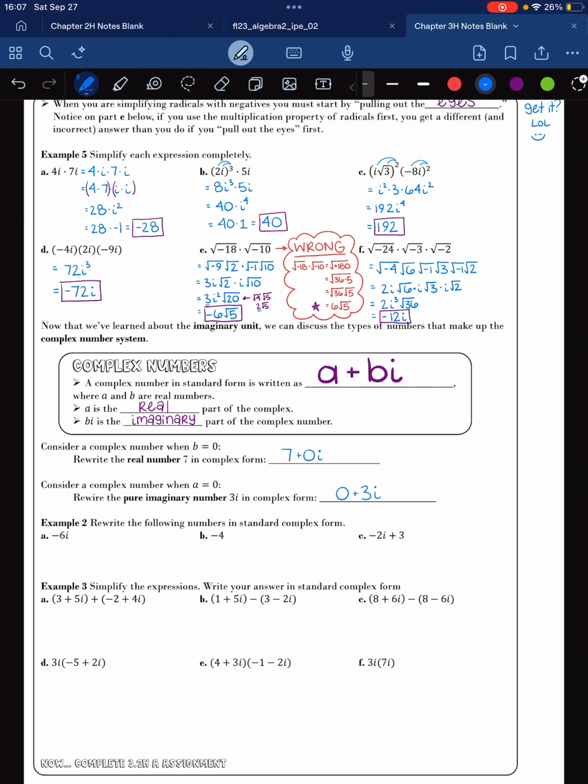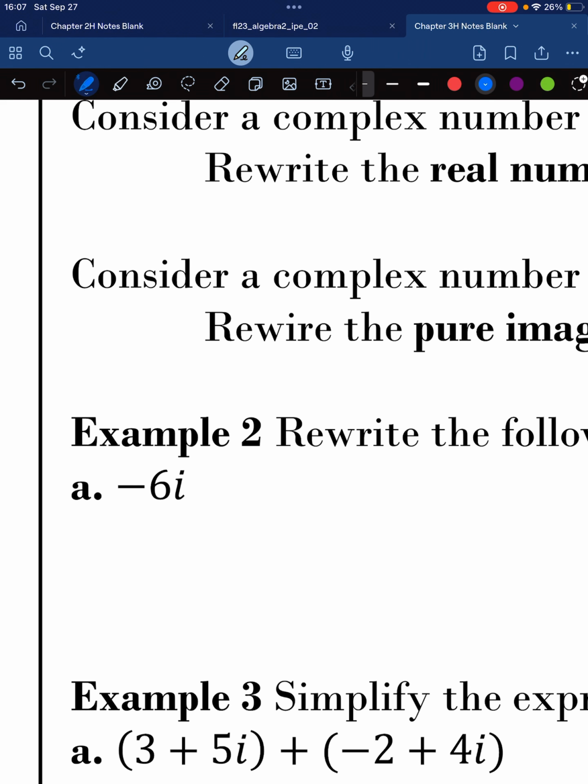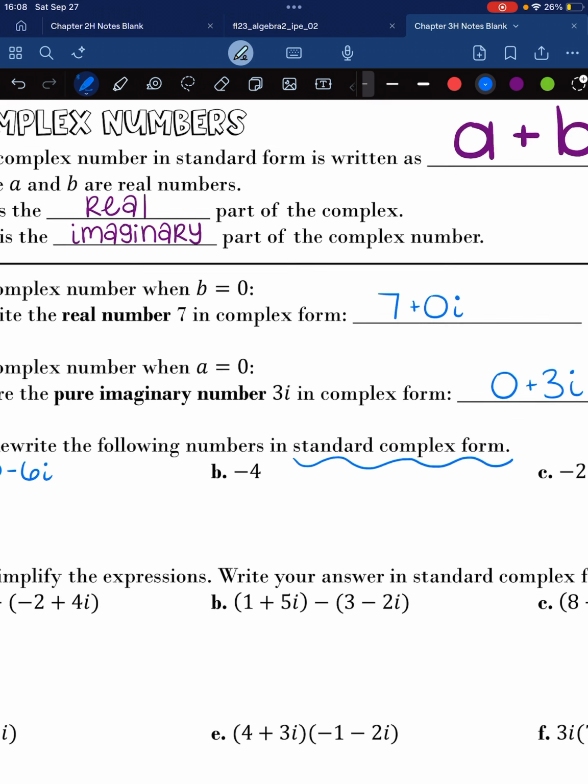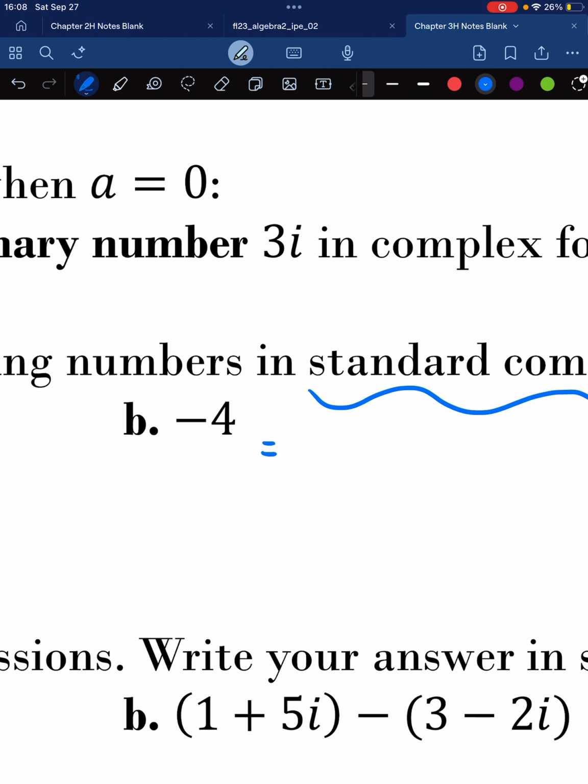Okay, so just some practice real quick. See if you can rewrite these in standard complex form. And order does matter for standard complex form. So a, we have 0 minus 6i, or if you wanted to, you could also write plus negative 6i, but you are allowed to use subtraction there.